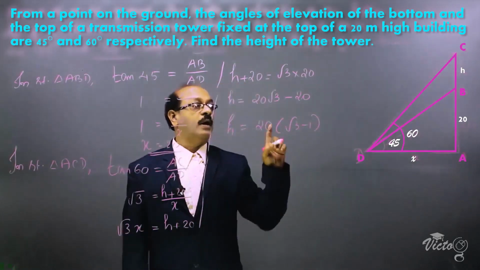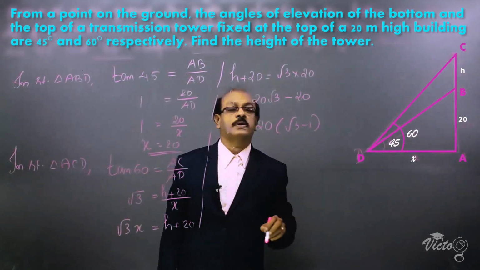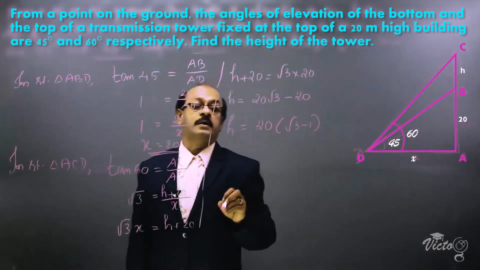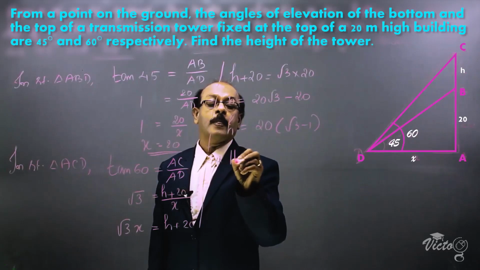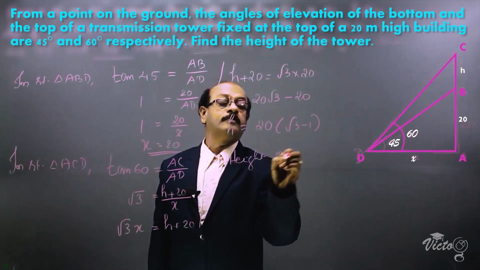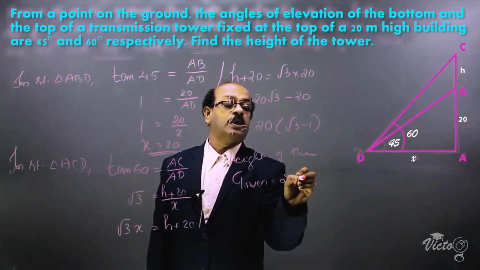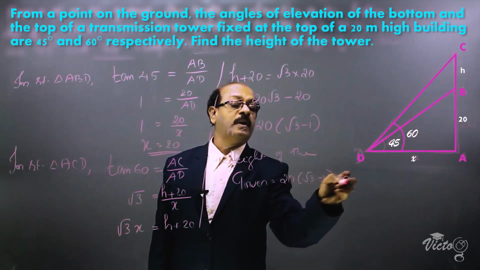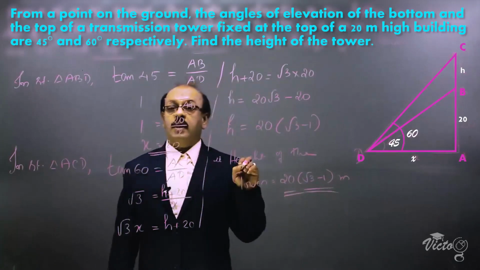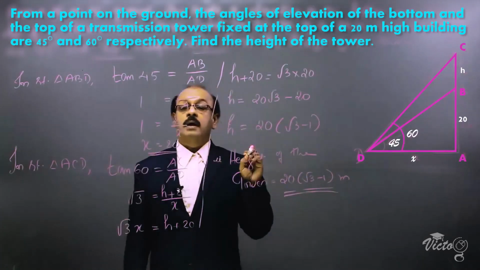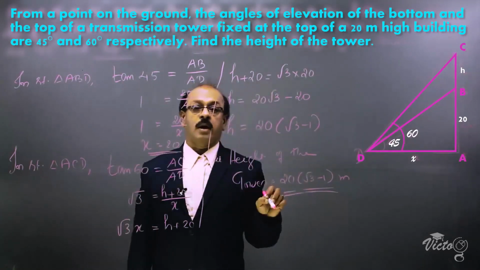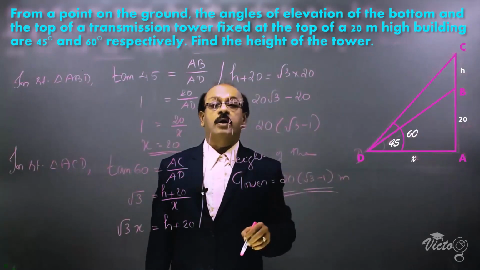We had taken h as the height of the tower. Hence, we can conclude that the height of the tower is equal to 20 into root 3 minus 1 meters. If the question mentions to write the answer in decimal, we have to use the value of root 3.